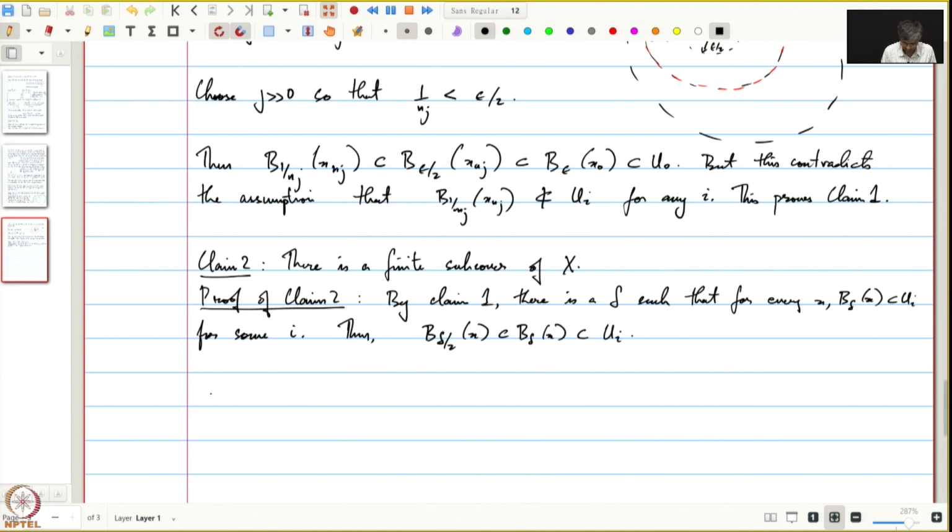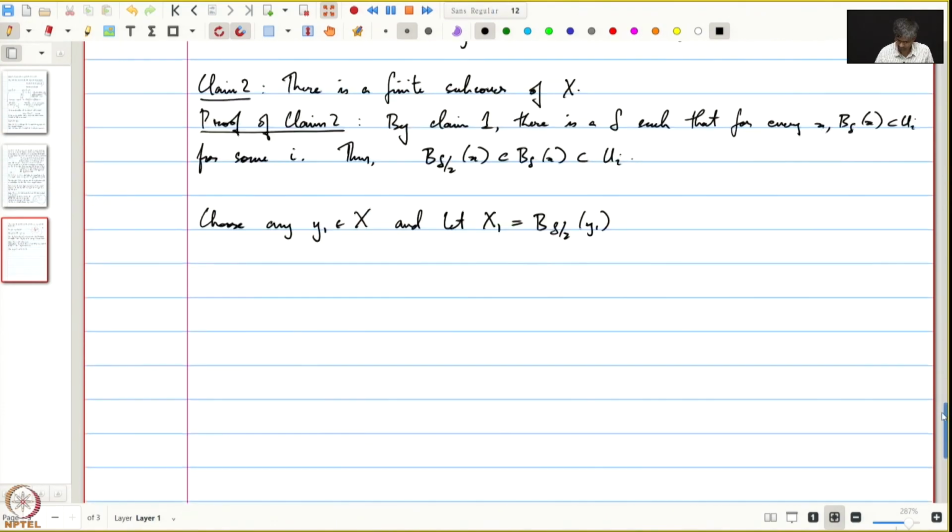Okay. So let's start a process of covering X as follows. So choose any y1 in X and let X1 be equal to B delta by 2 y1. Okay.